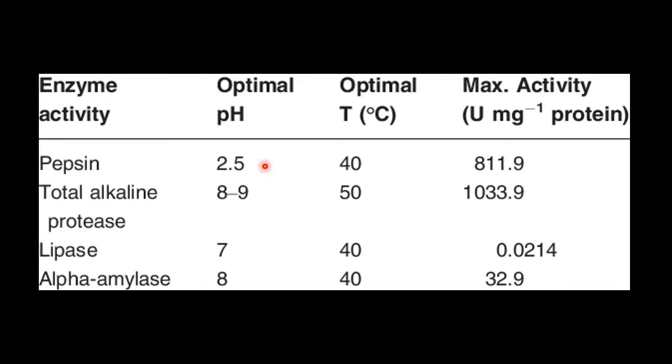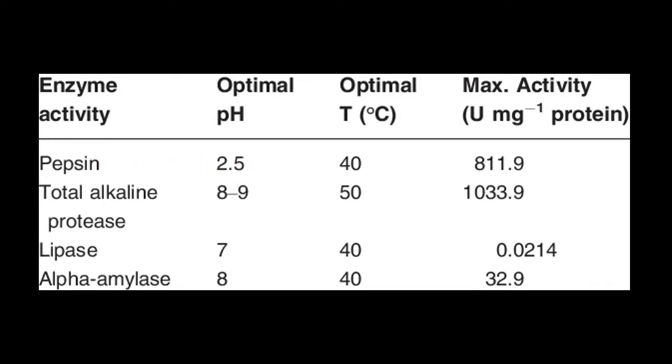So basically pepsin operates in a very acidic environment, but it will denature at 40 degrees centigrade or above. When pepsin is exposed to a higher pH, it will also denature.